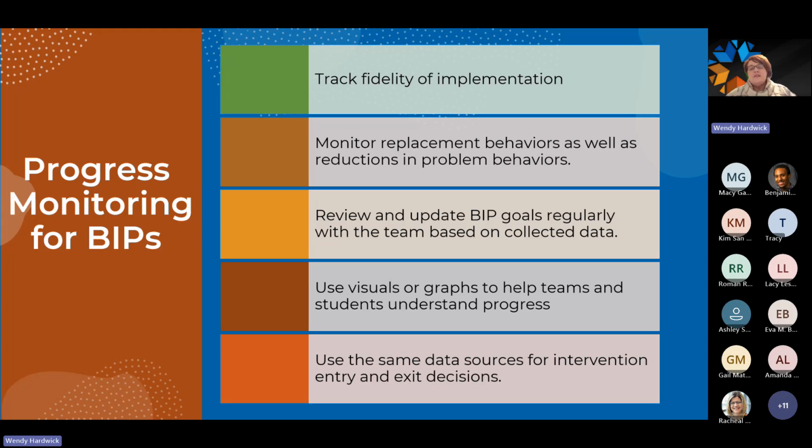So it would say something like, if a student does not receive more than 1 office referral in 2 weeks, that would trigger a fading of support. So basically, it's just important that we are using the same criteria on both sides of the data collection.